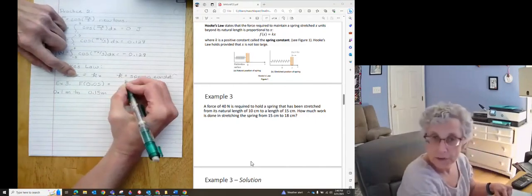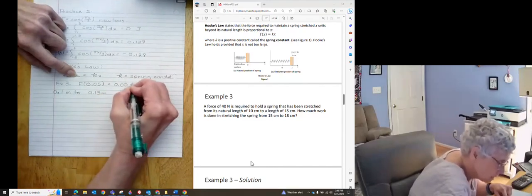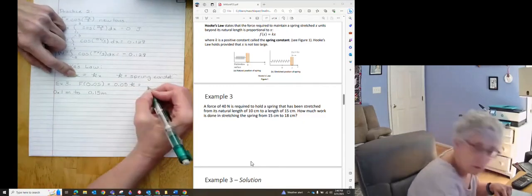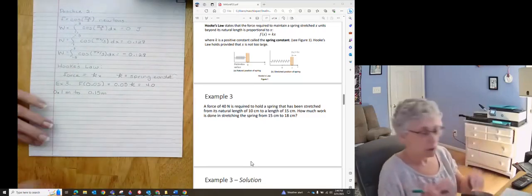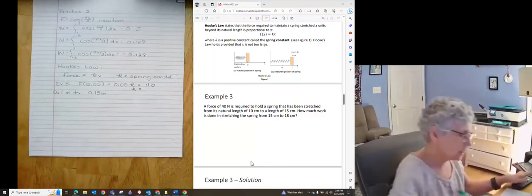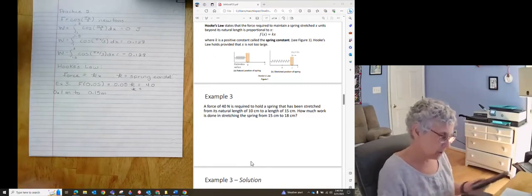Force is equal to 0.05 times our spring constant, which is equal to 40, because 40 newtons. So I can figure out that my spring constant is equal to 40 divided by 0.05, which is 800.